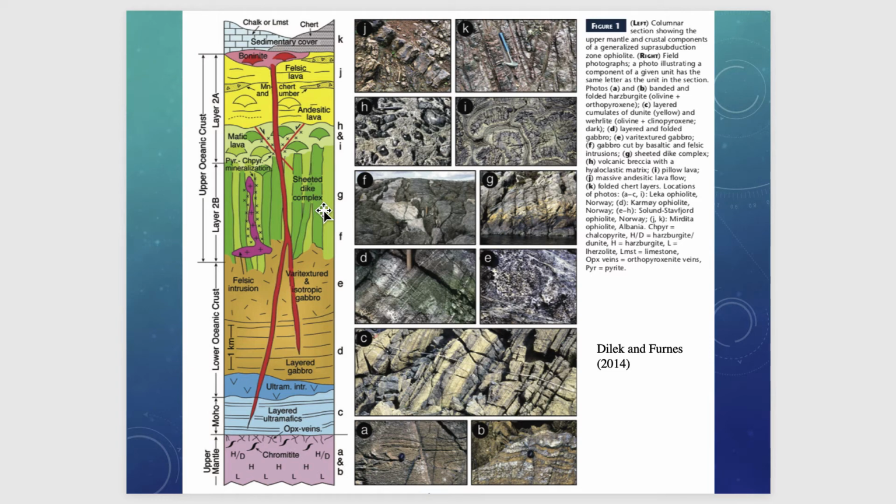In this particular case, this is a quite irregular boundary, but it can be identified by looking at, for example, figure G, in which we have the sheeted dike complex, and often the margin will be quite irregular, and you see clearly a change in composition.